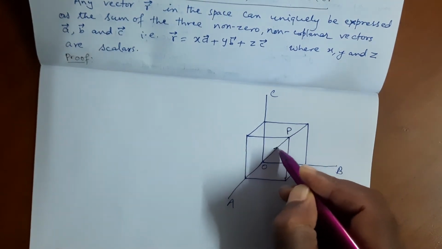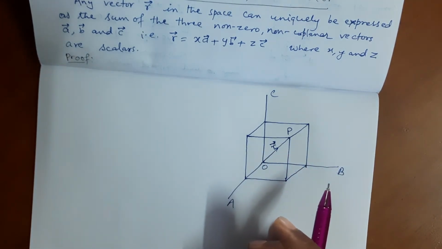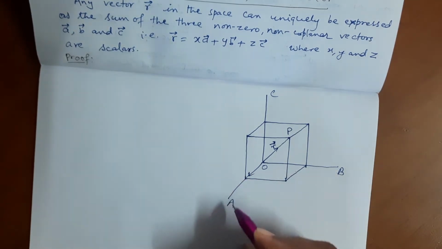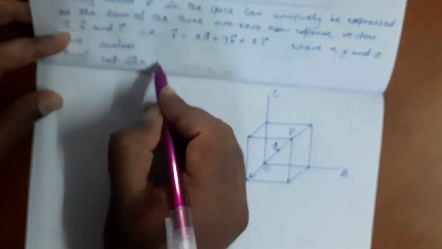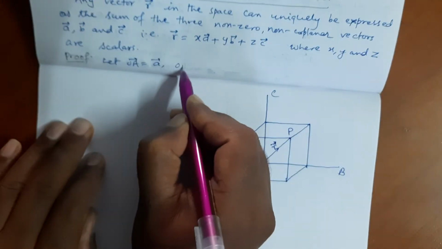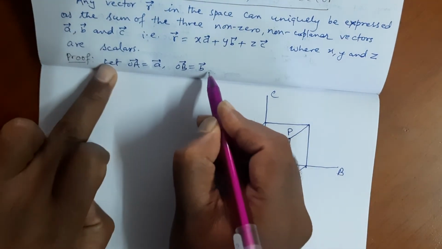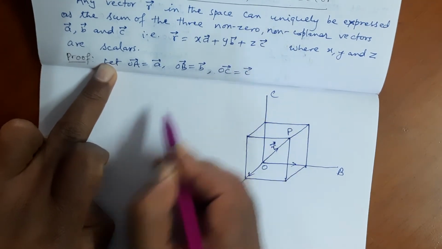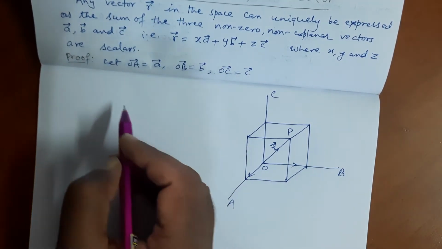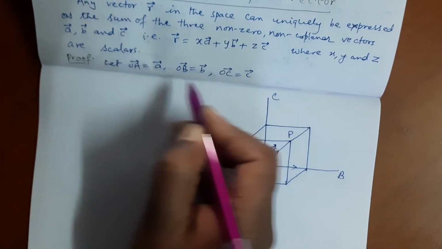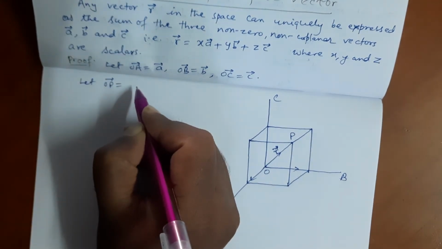Let OA equal vector A, OB equal vector B, and OC equal vector C. These are three space vectors, and let OP equal vector R.